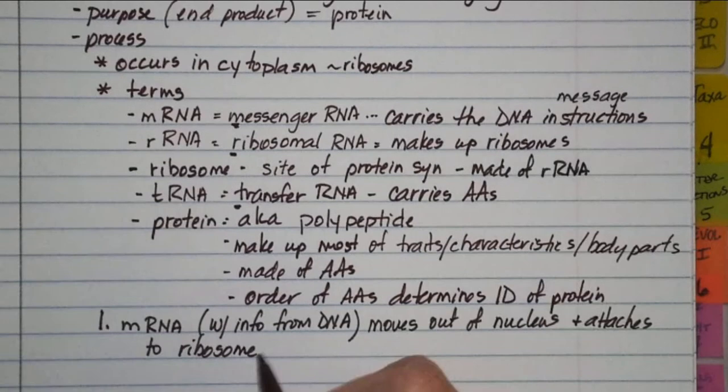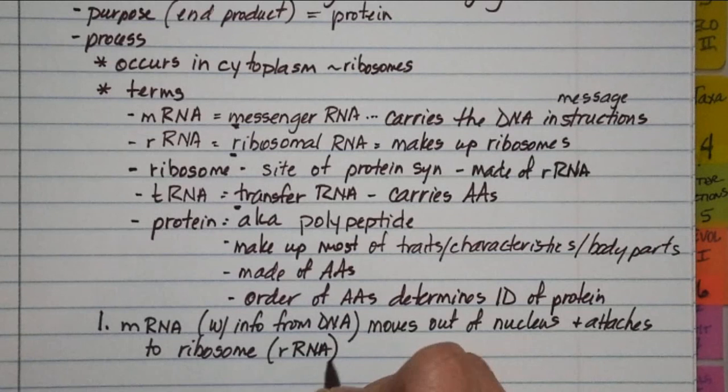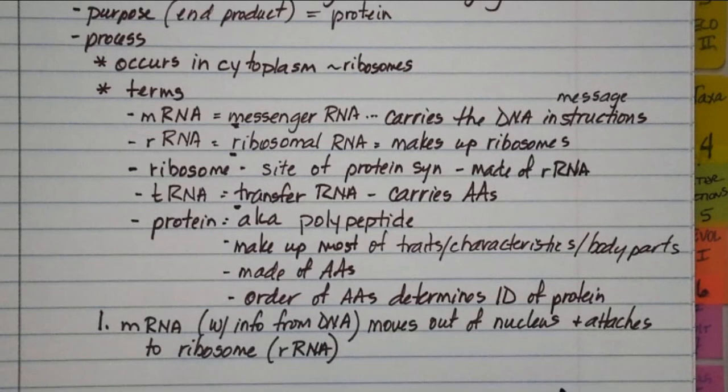The second thing to happen is that the mRNA, okay, so it's not necessarily happening, but I have to take you through the steps. In the mRNA, every 3 nitrogenous bases is called a codon. They're triplets. They come in 3s.